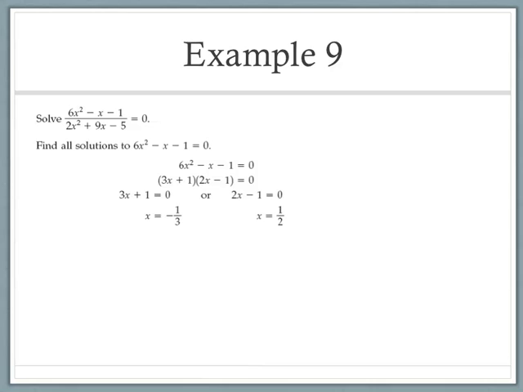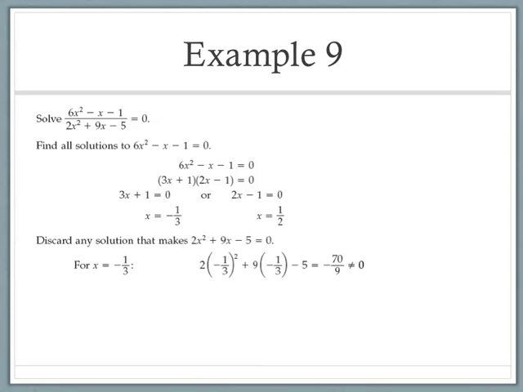Now that you've solved for our solutions to the numerator, you're going to check and see whether either of the solutions will make the denominator equal 0. So we're going to put -1/3 in for x in the denominator. So in this case, we have 2 times -1/3 squared plus 9 times -1/3 minus 5, and that gives you -70 over 9, which is not equal to 0, so that looks like that's fine.